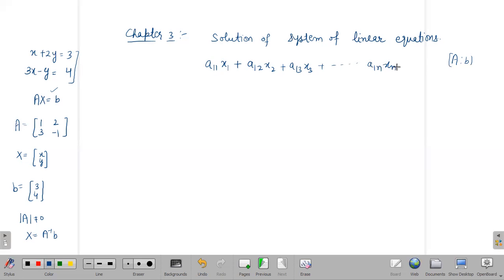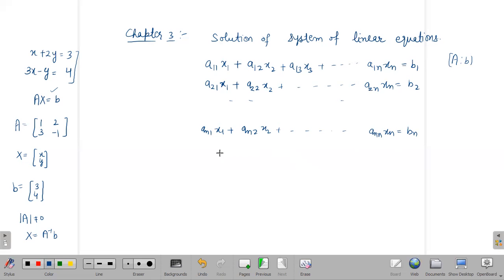So we have n values to be determined, is equal to b1. Next is a21 x1, a22 x2, and so on up to a2n xn, which is equal to b2. So you have n equations, an1 x1, an2 x2, up to ann xn, which is equal to bn.